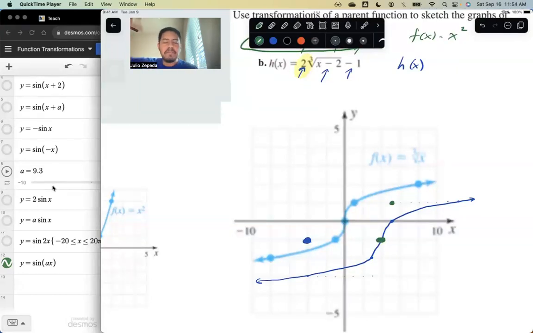Everything else gets stretched by a factor of 2 from there. So we'll be down here, this point here. 1, 2, 3, 4. So go down here. And 1, 2, 3, 4.